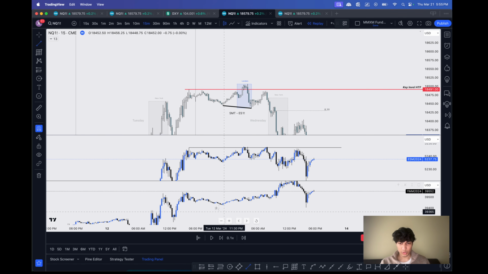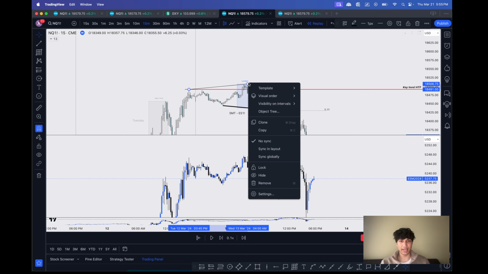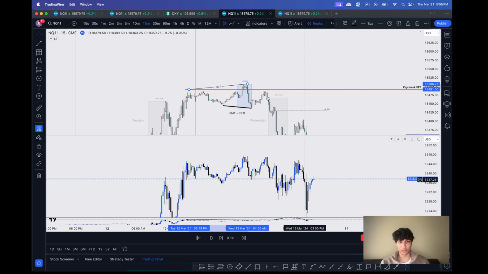Okay, so we can see we have this divergence between the YM, ES, and NASDAQ, which are our three intermarket related correlated assets. So that's very interesting for us to note. What we want to do is observe that we have a divergence at this previous day high, which is going to form our SMT divergence.